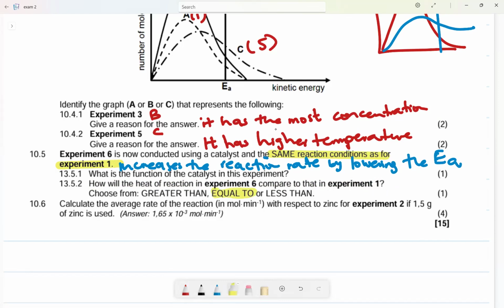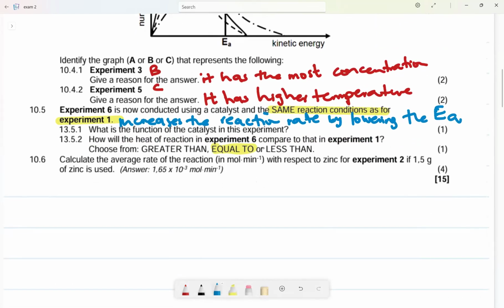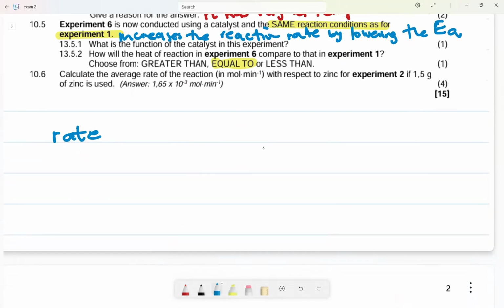Now they say to us, calculate the average rate in mole per minute with respect to zinc for experiment 2, if 1.5 grams of zinc is used. So remember the rate, okay, the rate is equal to, let me write it here, the rate is equal to, they want what?